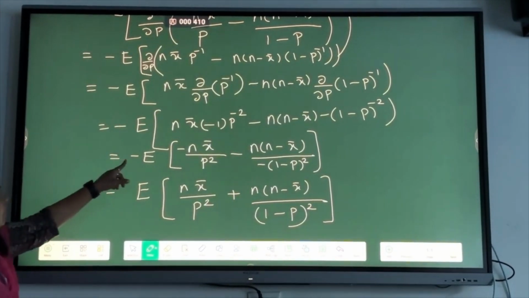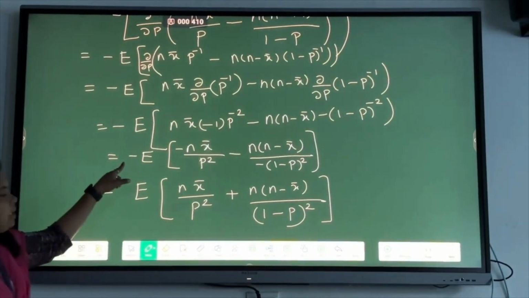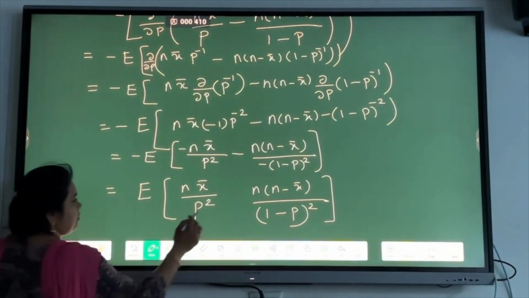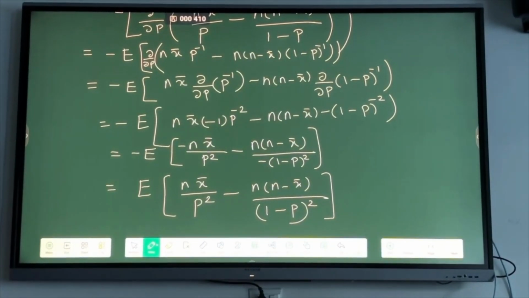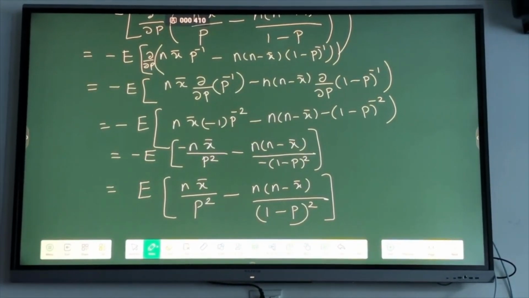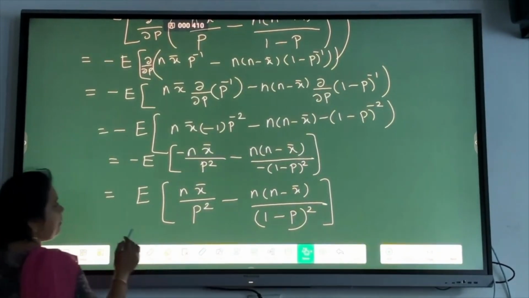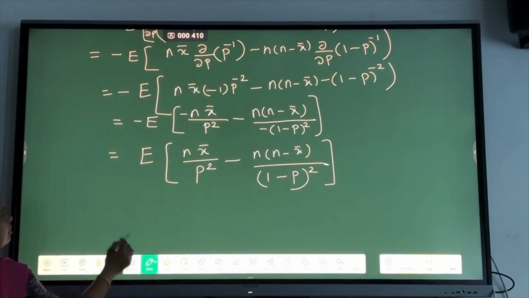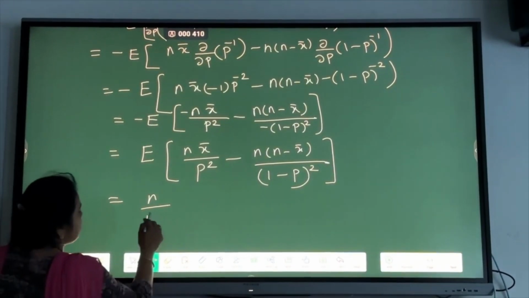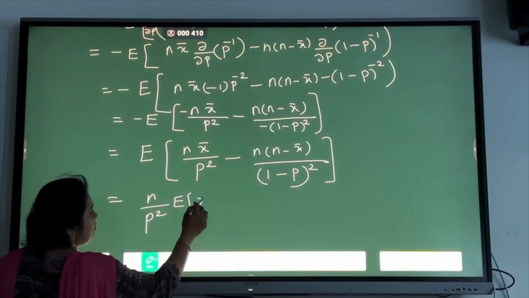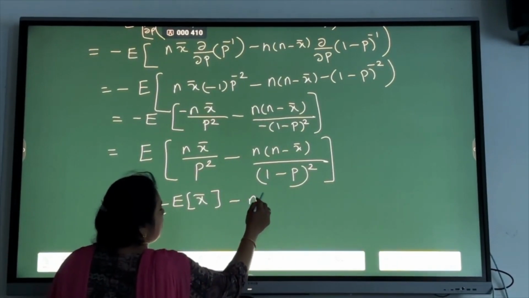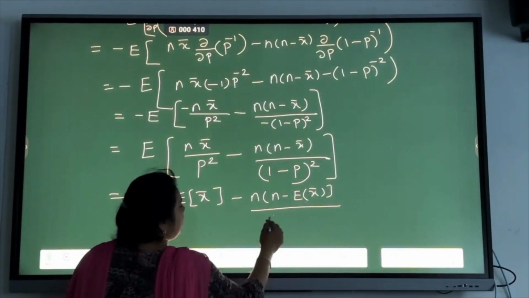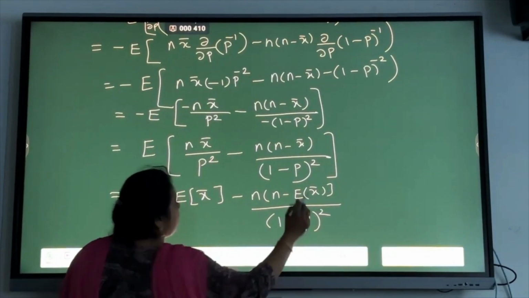Here the term will become plus, but minus is there, so you get minus 1. Multiply expectation inside, so which is n by P square E of x bar minus n into n minus expectation of x bar divided by 1 minus P the whole square.